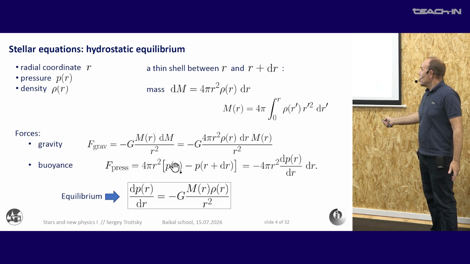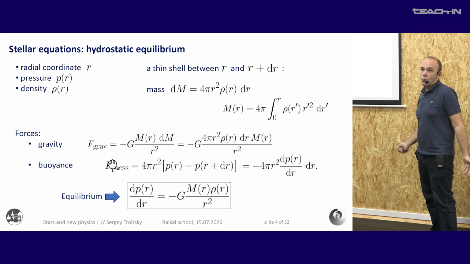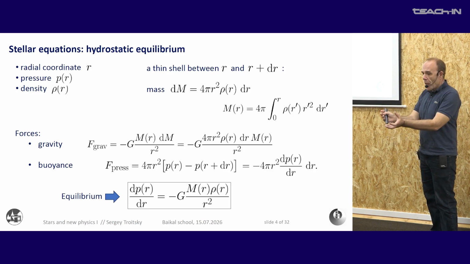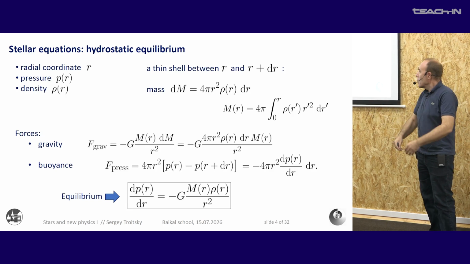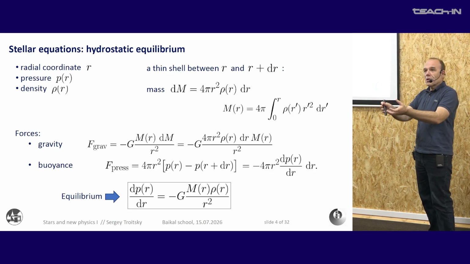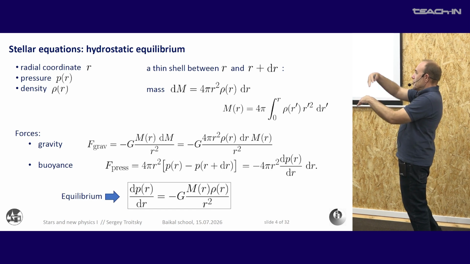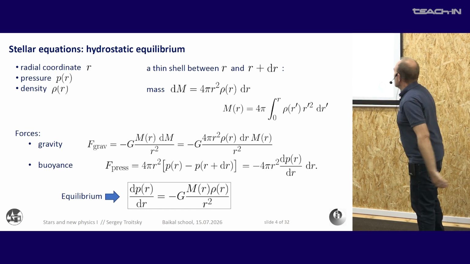Their sum should be equal to zero, because any inner shell in the star does not fly. It is in equilibrium between two neighboring shells.